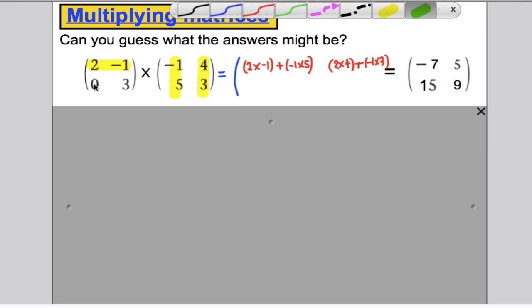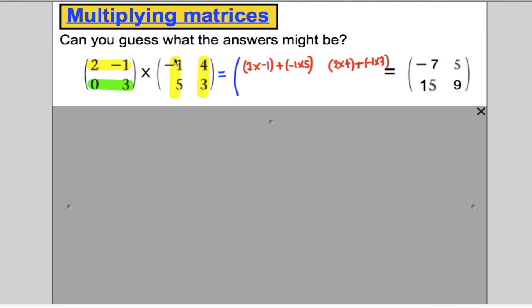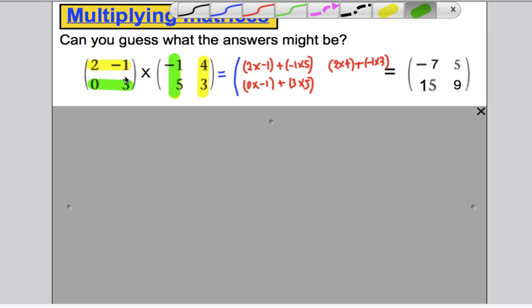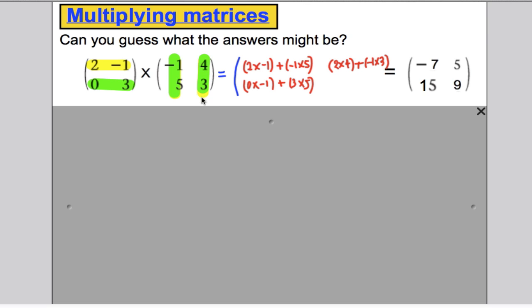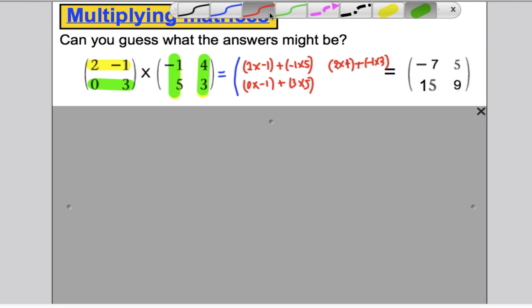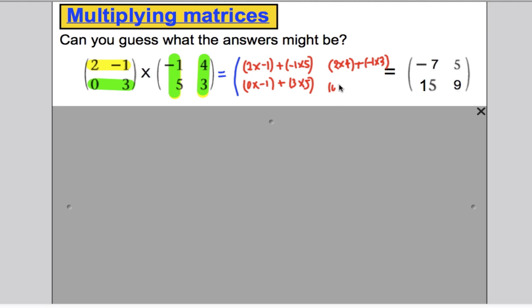To get this element here, I do 0 and 3 and I multiply it by negative 1 and 5. So I do 0 times negative 1 and I add 3 times 5. And the last one, I do 0 and 3 multiplied by 4 and 3. So I do 0 times 4 plus 3 times 3.